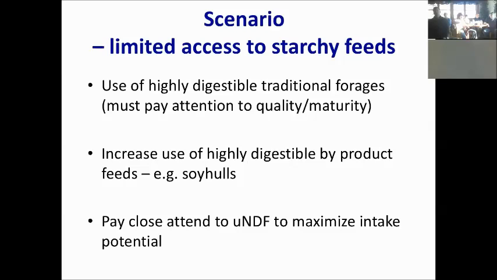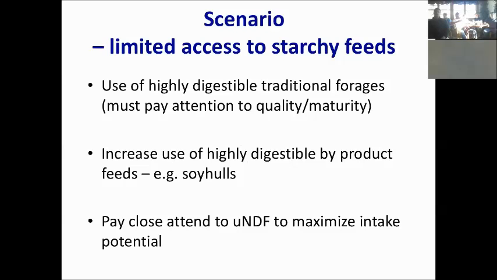The other thing that has been done in the literature is that a lot of people have done substitutions of starch with highly digestible, high fiber byproduct feeds, things like soy hulls, etc. There's actually some work out of the University of Illinois that's a little dated right now, where they took the starch levels in the diets down to like 1 or 2% by replacing corn starch with highly fermentable soy hulls, and actually did not see a really big difference in milk production between those diets.